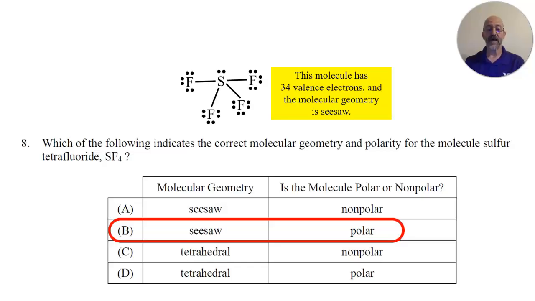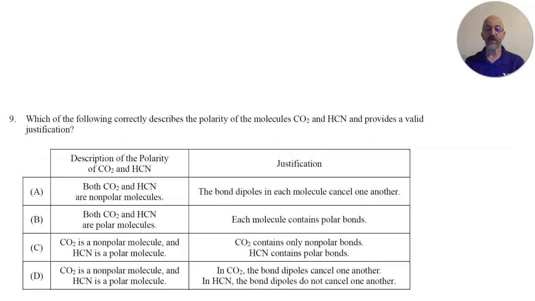Now let's take a look at question 9, and this involves polarity again. So let's take a look at these 2 molecules. Question 9 says, which of the following correctly describes the polarity of the molecules carbon dioxide, CO2, and hydrogen cyanide, HCN, and provides a valid justification? So if you can draw the Lewis diagram of CO2, it looks like this.